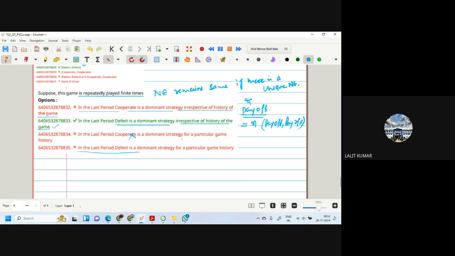In the last period, defect is a dominant strategy for every game history, not just a particular one, so every time defect is what comes.